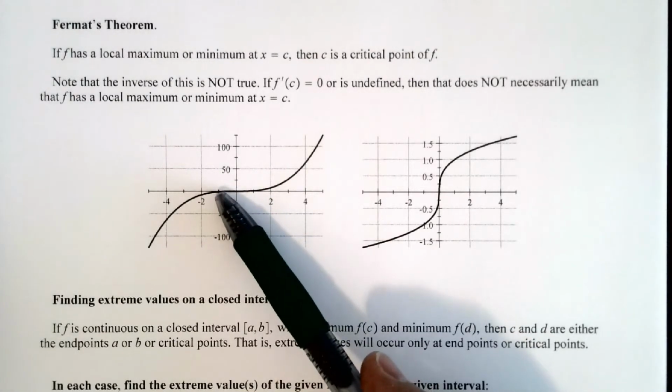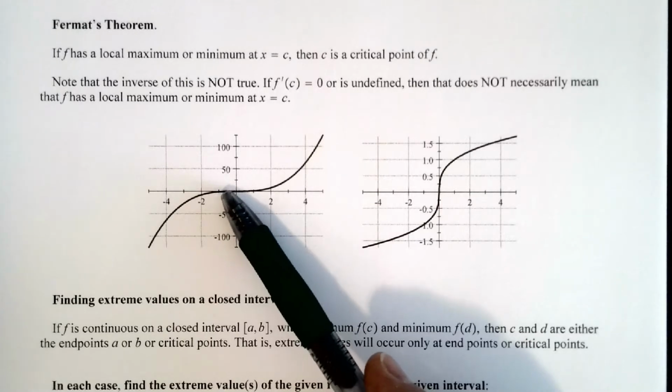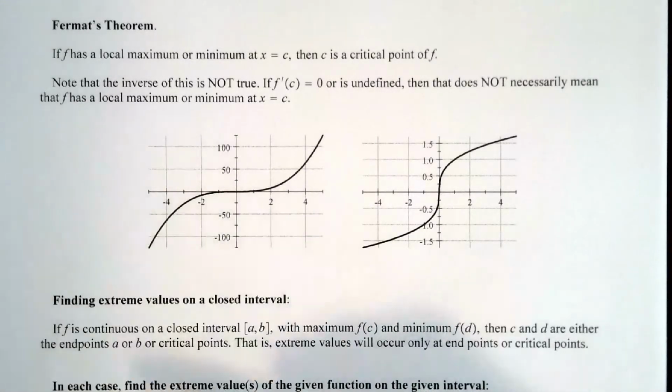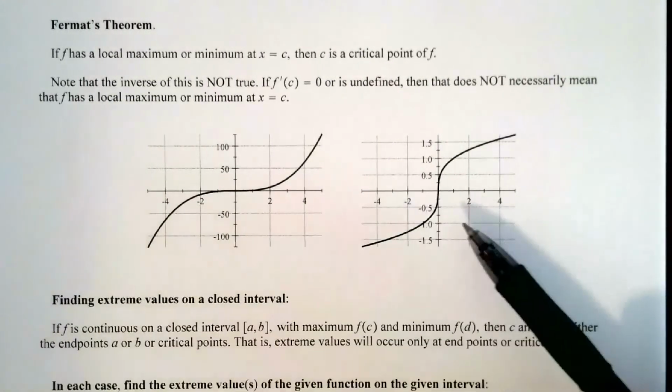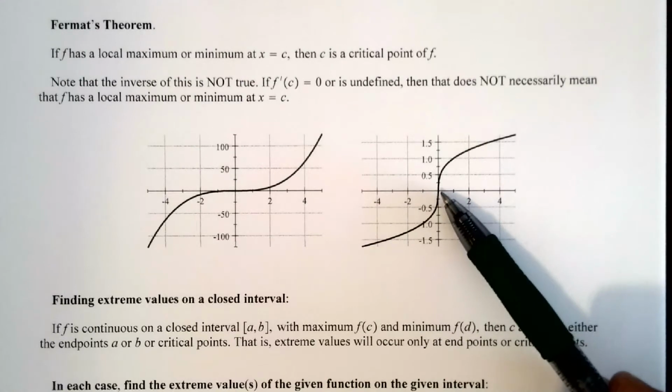And at the same time, there are always values over here that are less than that value. So it cannot be a local max nor local min. In this function here, what do we have right there at 0? We have a vertical tangent line, which means the derivative is undefined. Again, clearly that point is not a local max or min.